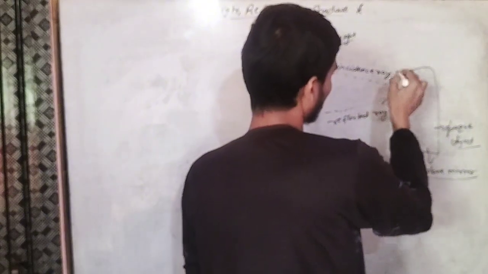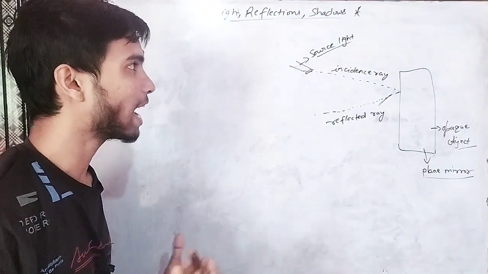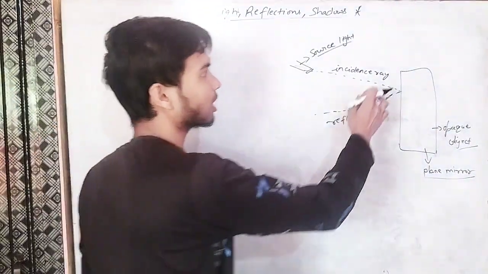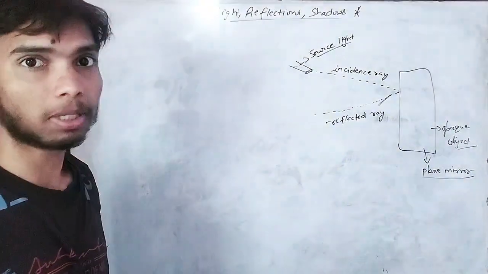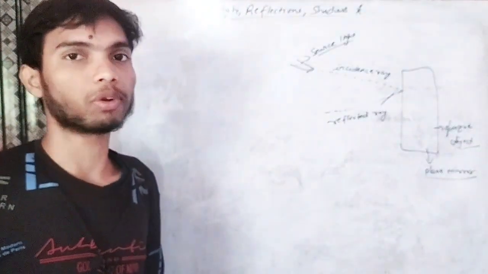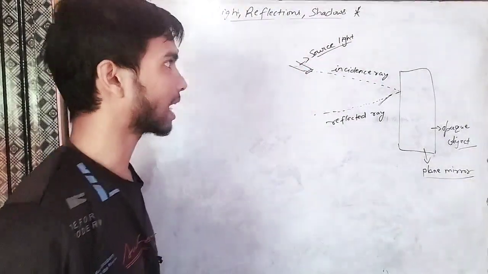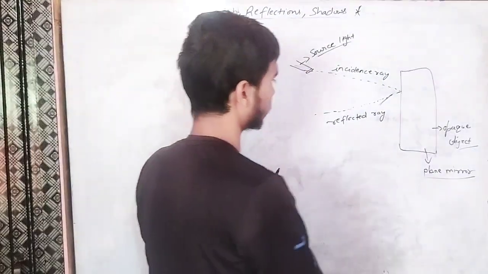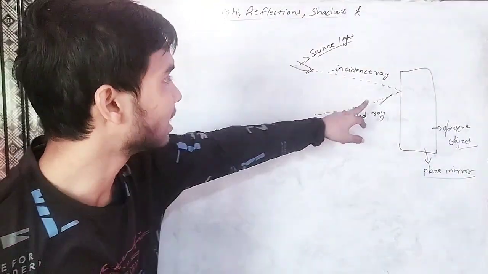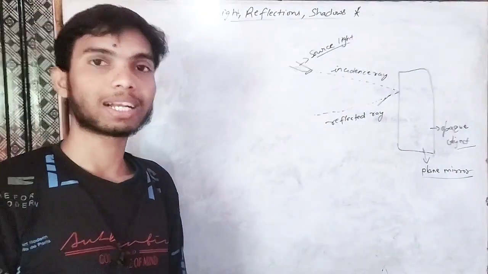Incidence ray. When we have a collection of rays, then we say rays. Otherwise, we can say beam. Beam is the definition of a collection of rays. So in place of rays we can say beam as well. This is a reflected ray because it changes the direction of light.